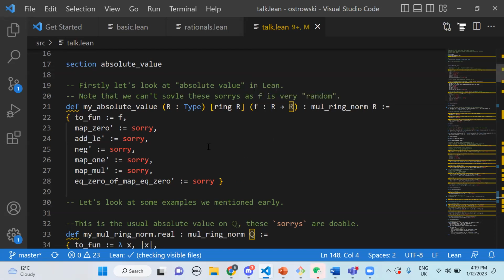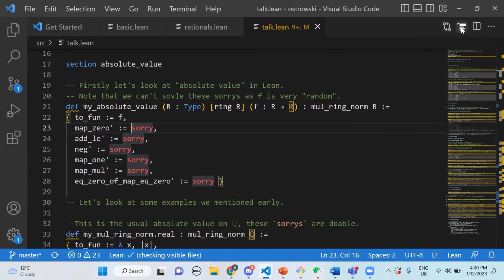The first line is telling Lean, okay, I'm using f to be the function, our rational absolute value, and you can see there are several sorries along here. It's Lean asking you, tell me, can you prove these axioms?